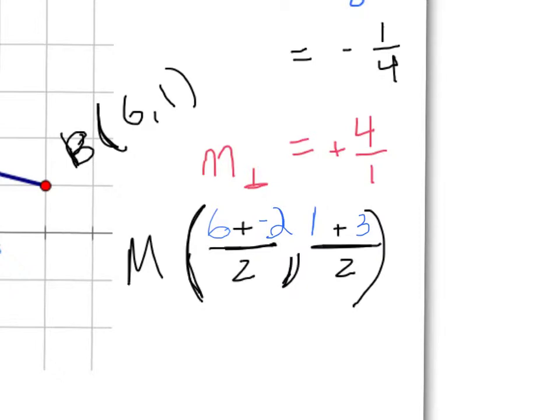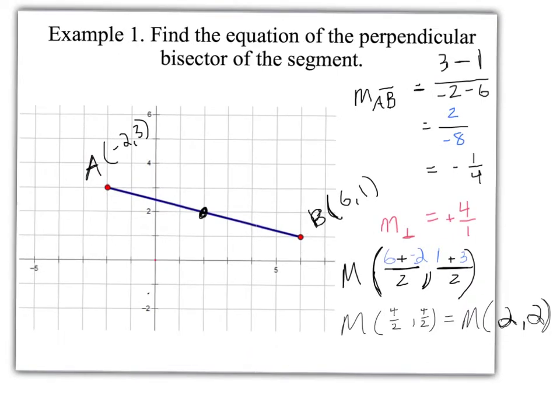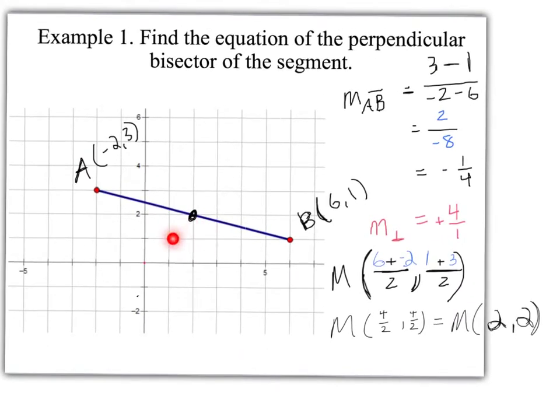Alright, simplifying that, I think it gives me this, which then means my midpoint. I'm using a lowercase m over here for slope and a capital M for midpoint. Maybe that was confusing. On the next slide I'll pick a different letter for midpoint. So if I know division, I believe I will get 2, 2 for my midpoint. And that looks like what we thought it would be. That definitely looks like it's right in the middle at 2, 2.